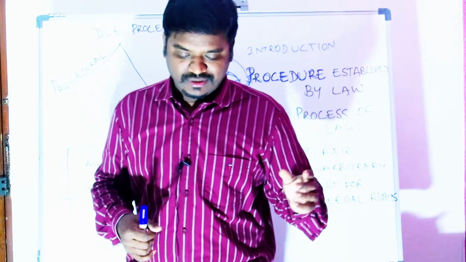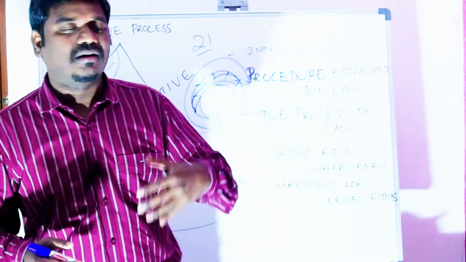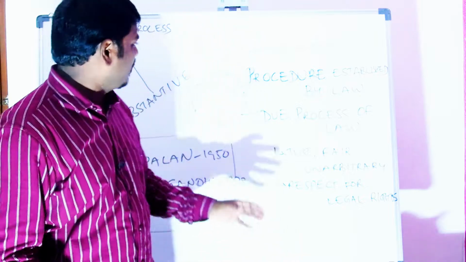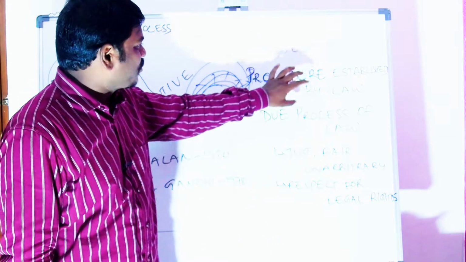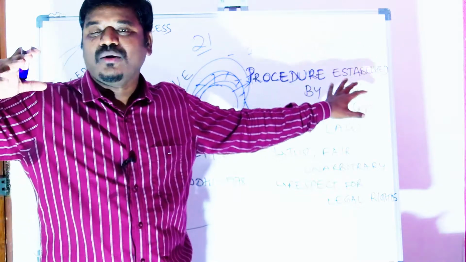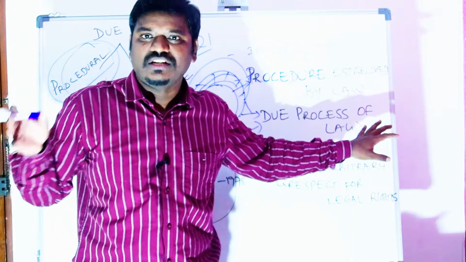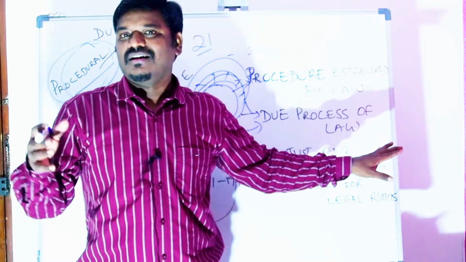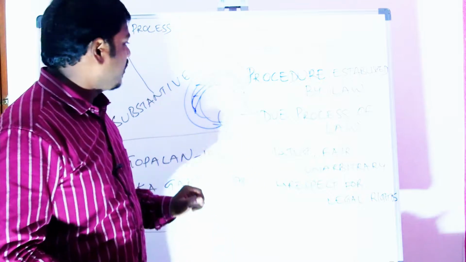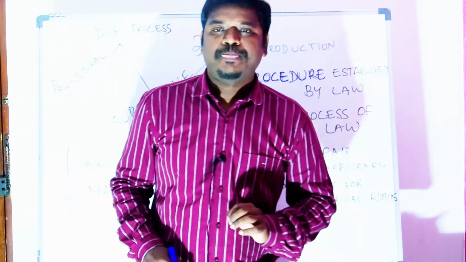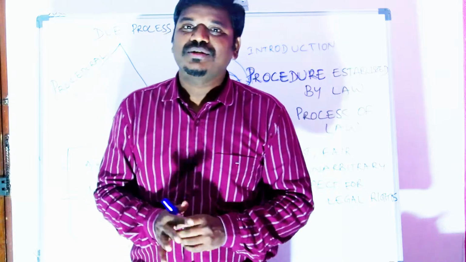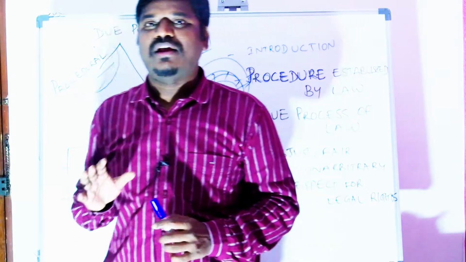Now, if you go a bit into technicalities or knowledge of the concept, you can say procedure established by law is of British origin. It originated in the United Kingdom. And with regard to due process of law, it was established in the United States of America.